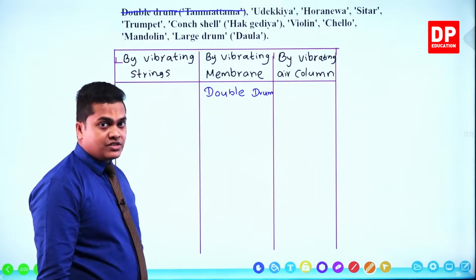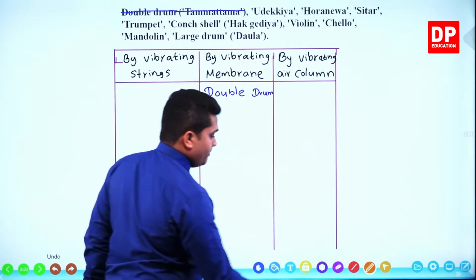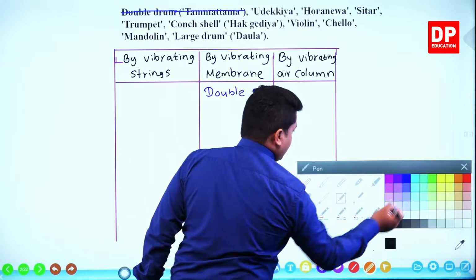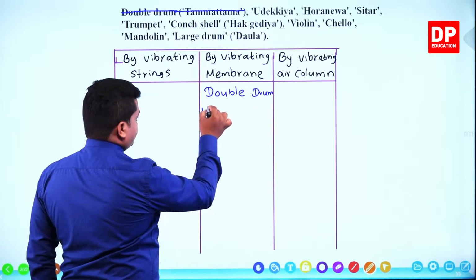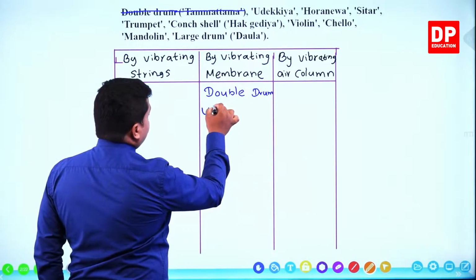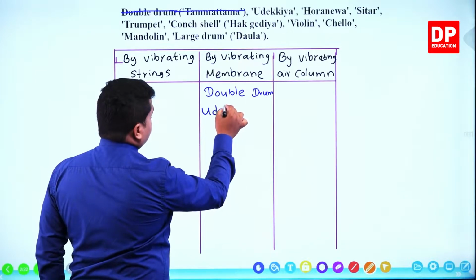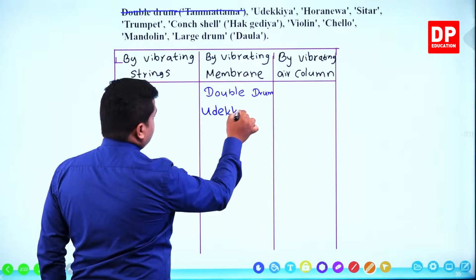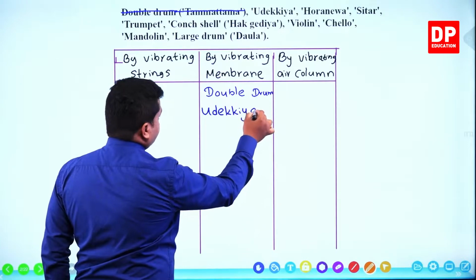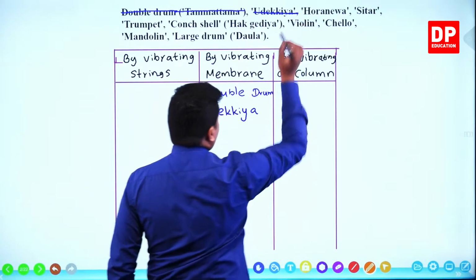So the second one is udakkiya. So we'll cut udakkiya in here.